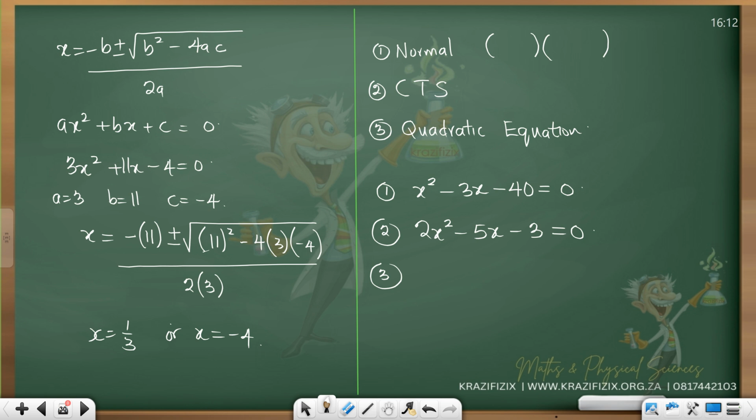What's my number 3? 4x squared minus x. Solutions from you. We did some yesterday, so I'm just using some of those equations again. But most importantly, completing the square and the quadratic. Brackets, let's look at that as well. So we do each of them. Would that be fine?